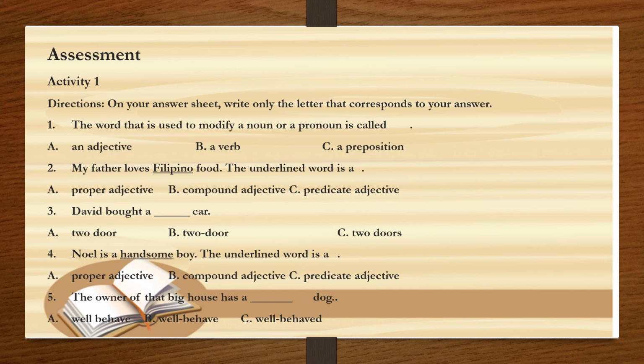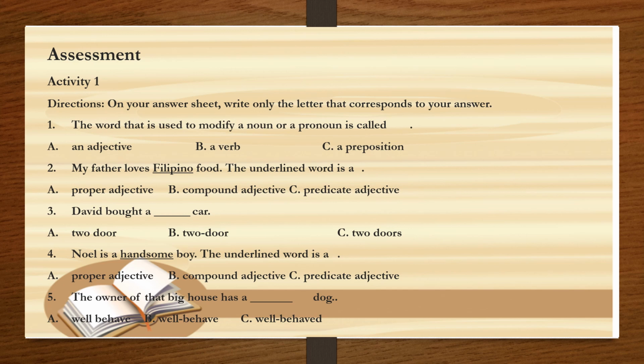Number 3. David bought a car. A. Two-door. B. Two-door. C. Two doors. Number 4. Noel is a handsome boy. The underlined word is A. Proper adjective.